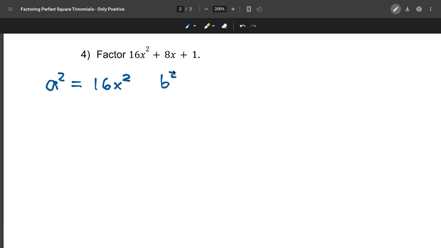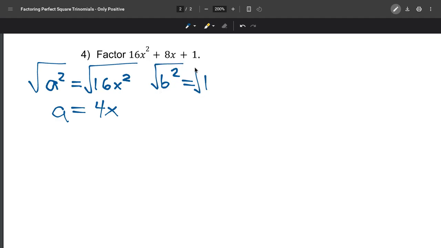Let me fix that 2. It's not a very good 2 there. So b squared equals 1. Okay, so let's take the square root of both sides here. So we're going to say a is going to be equal to the square root of 16x squared, which is going to be 4x. The square root of b squared is b, and the square root of 1 is just 1.